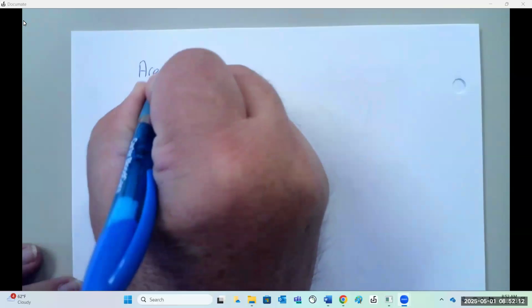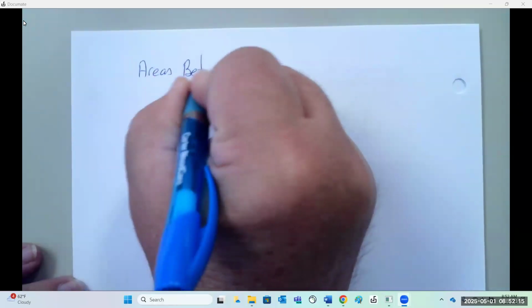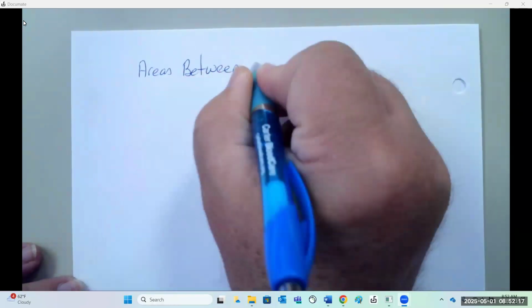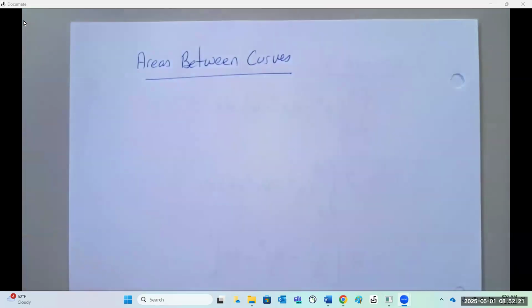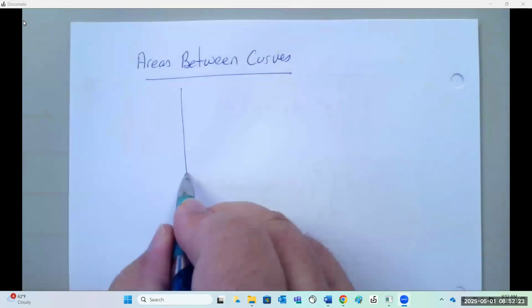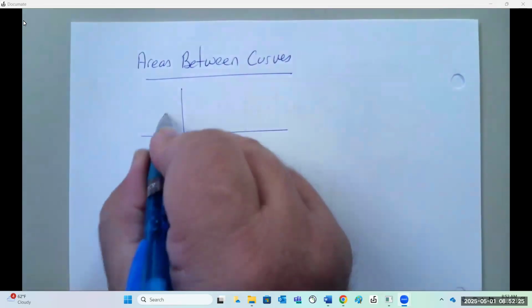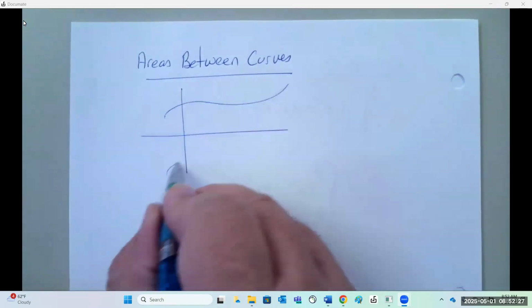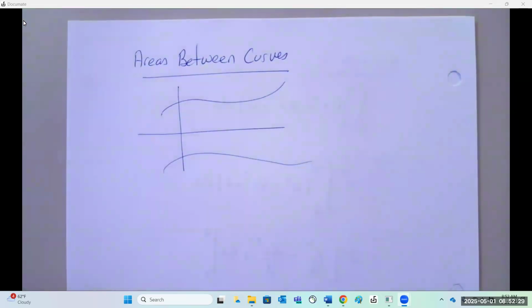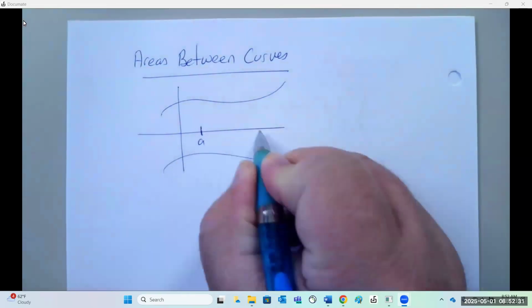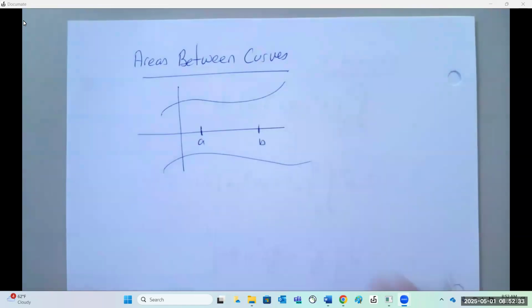So those are the shortcuts, and we get different ways to do it. Now we're going to look at areas between curves. Here we're going to have two separate functions on a closed interval.